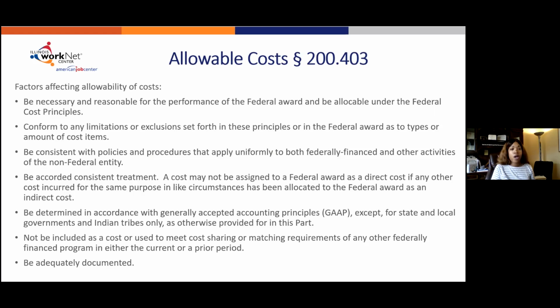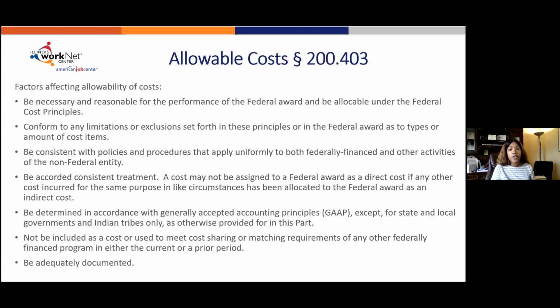So we talked about the allowable costs. Uniform Guidance 200.403 is the requirements that we recognize when looking at our costs and what's allowable. So you do have your uniform grant budget that you've built out, and there are definitions of each of the budgeted line items.